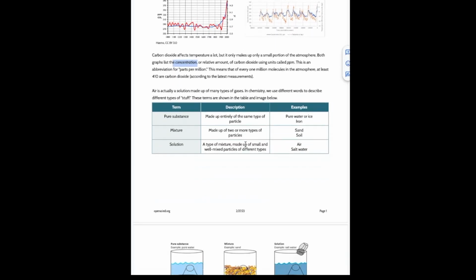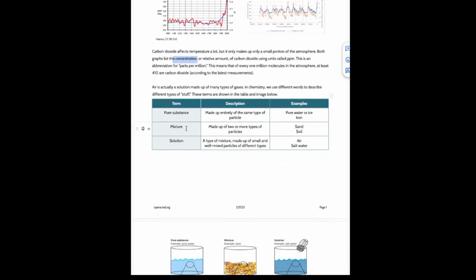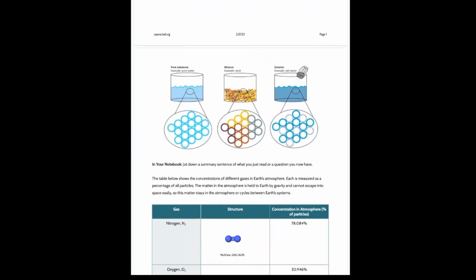We're also going to be talking about pure substances, mixtures, and solutions, and thinking through the lens of particles. In a pure substance, all the particles are the same. A mixture is a blend of particles. And a solution is where salt, for example, is dissolved into the water. So it is a mixture, but now it's together instead of separated.